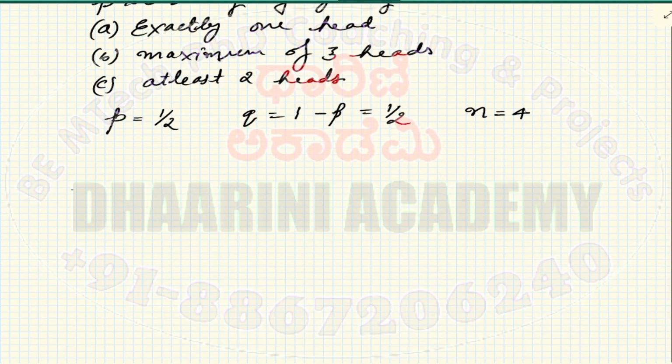So exactly one head means what? The probability that X is equal to 1. Anyway, before that, it uses the binomial, I understood that. So let's write the binomial distribution for this.